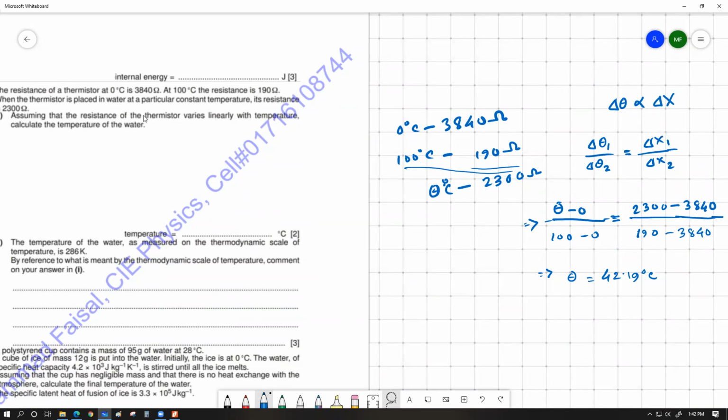Specifically, they are saying the resistance of the thermometer varies linearly with temperature. So what they proposed is that theta is proportional to R, which should lead to theta 1 by theta 2 equals R1 by R2.